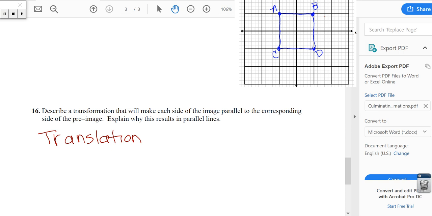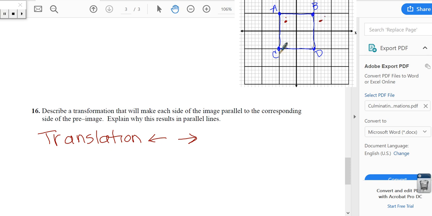So you do a translation. You can just do a translation to the left or to the right, or you can go up or down, and I'm going to show you. Let me show you what I mean. So I could take A and slide it over and slide it down. I'm going to do the same thing here, over, down.